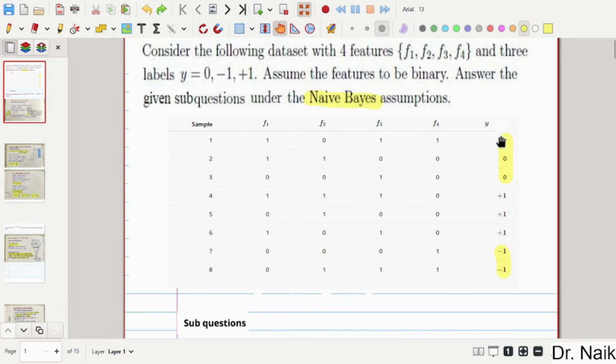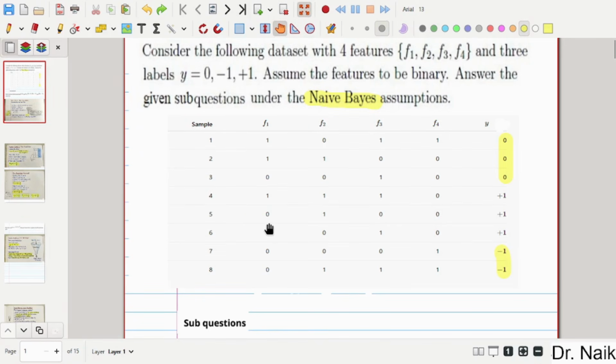Sample 1 has class 0 and the features are 1, 0, 1, 1, and sample 2 has features 1, 1, 0, 0 and its class is 0. Sample 3 has features 0, 0, 1, 0 and class 0. Sample 4 has features 1, 1, 1, 0 and class +1.